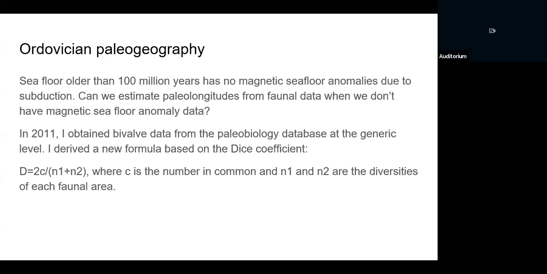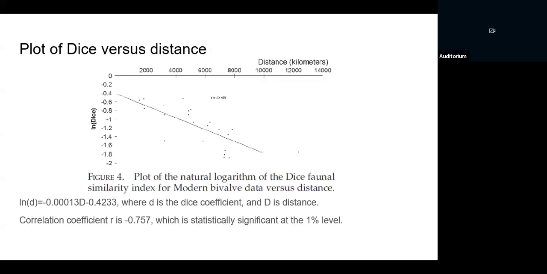This time I used a slightly different faunal similarity measure, the Dice, but basically it's the same idea. It's an equation based on the number of species in common versus their abundance. And again, I got a nice relationship between how similar two areas were versus distance.